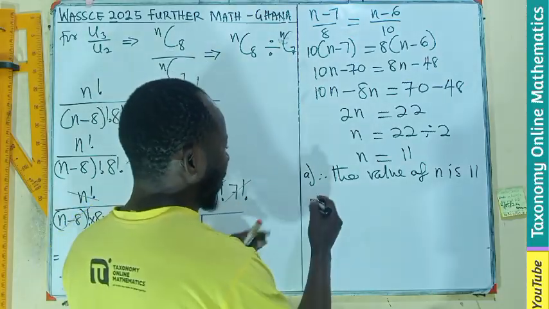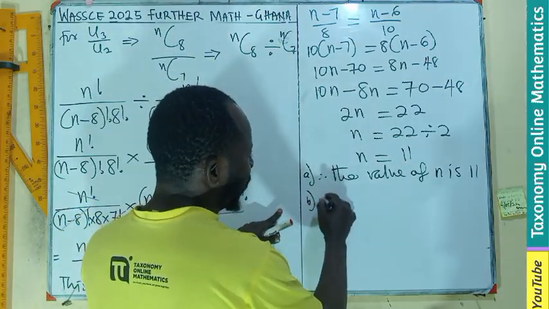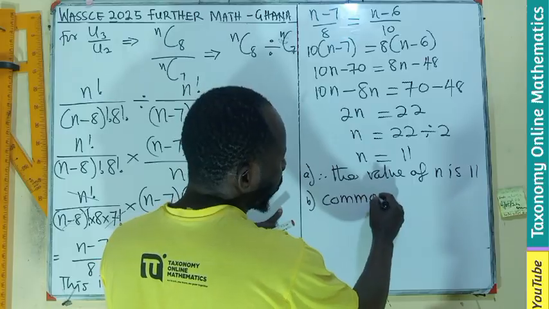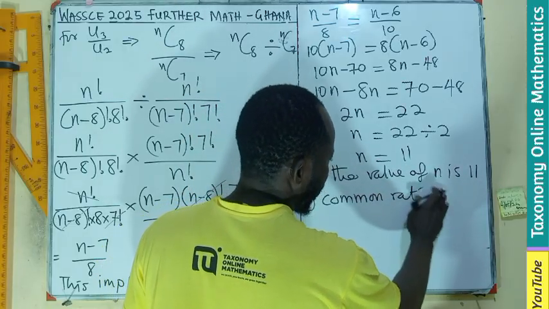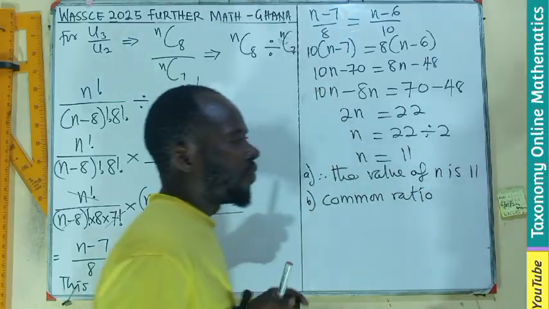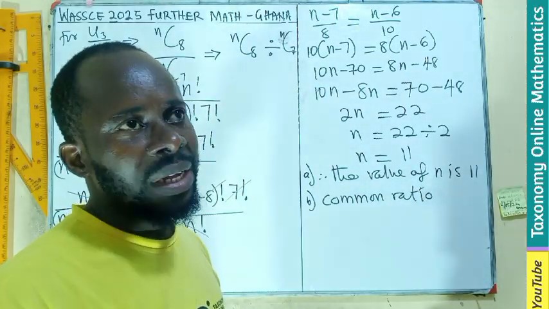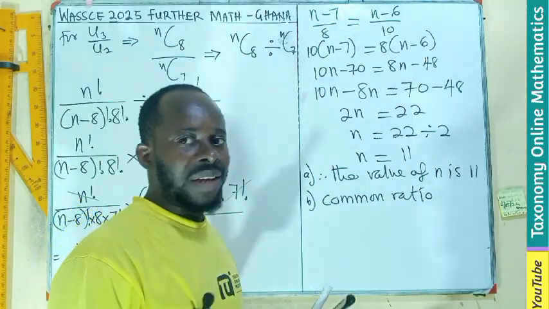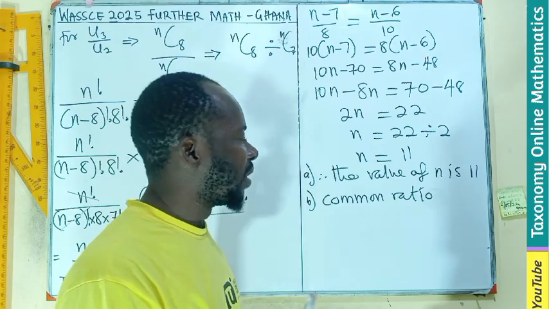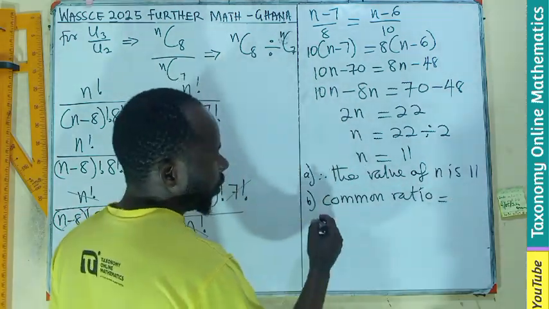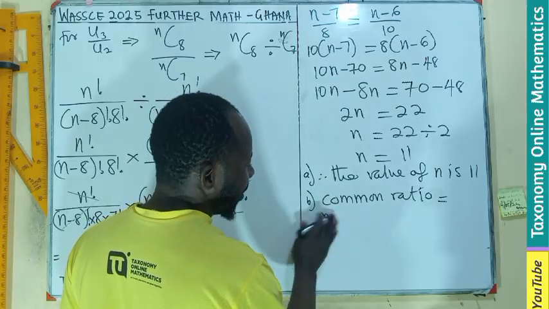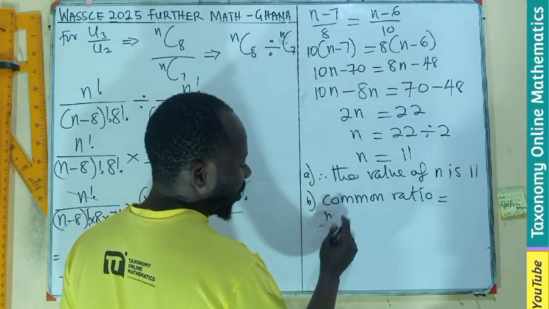Then the second part of the question is asking for the common ratio. Now, finding the common ratio, what do we say? We can use the third term over the second term. So here, this is going to be equal to 11, which is the n.